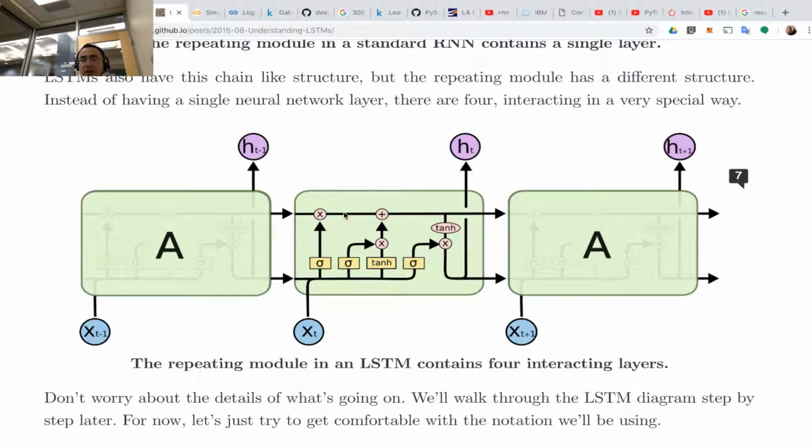Whatever is coming out from here, you add that with this guy, the matrix, so element-wise multiplication. And then that goes to output. This is complicated. And then it goes to A. It goes to the same. So this one is going to loop feedback here, and then this guy is also going to loop feedback here. It's a bit complicated. It is complicated.